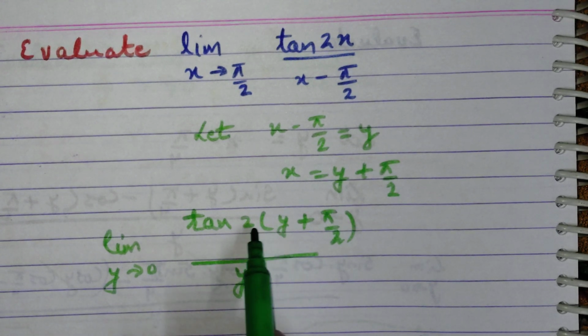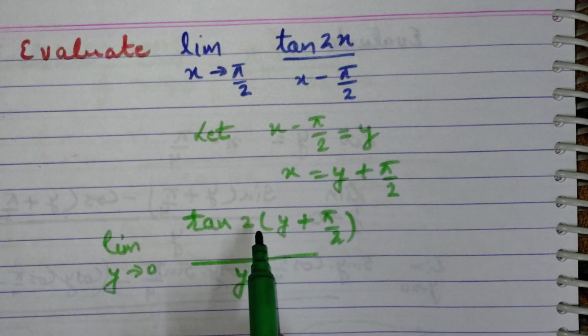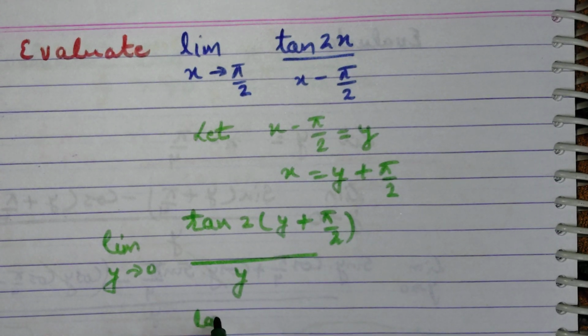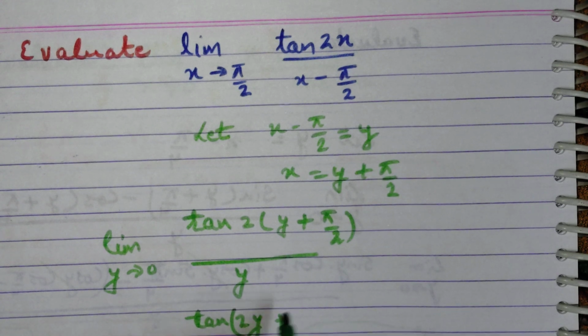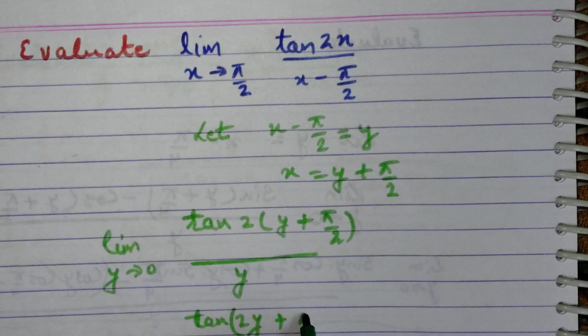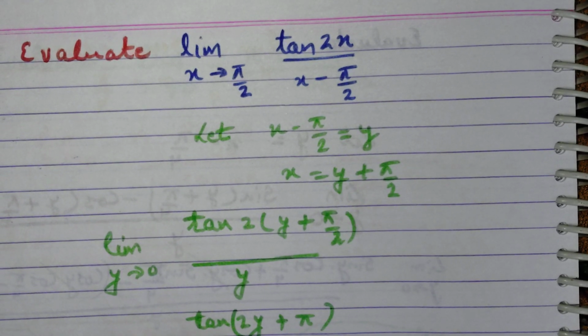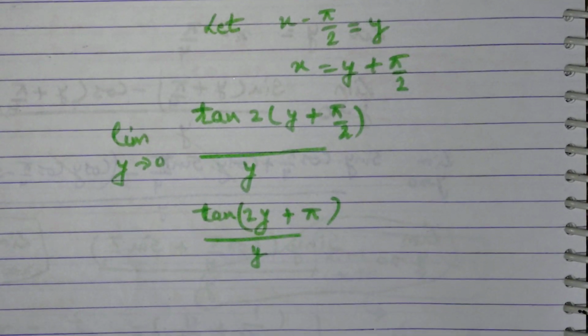Now this 2 in tan multiplies inside the bracket, distributive property. So it becomes tan of 2y plus 2 times pi by 2, that means pi. So it means tan of pi plus 2y.